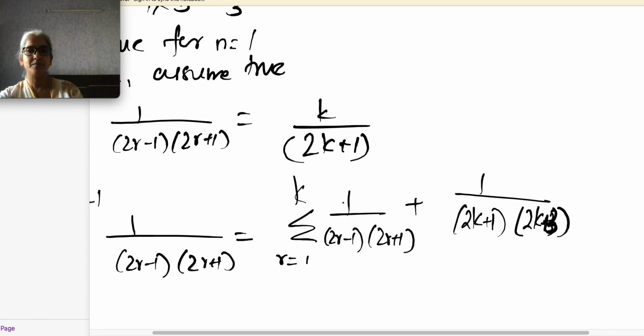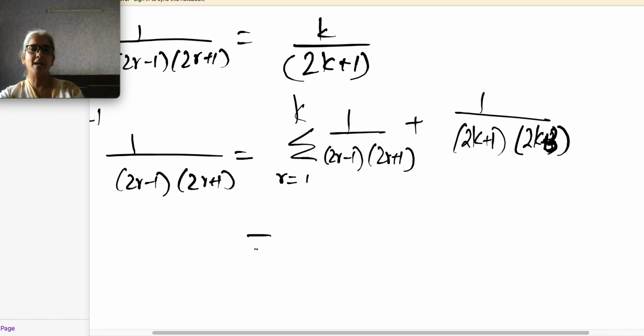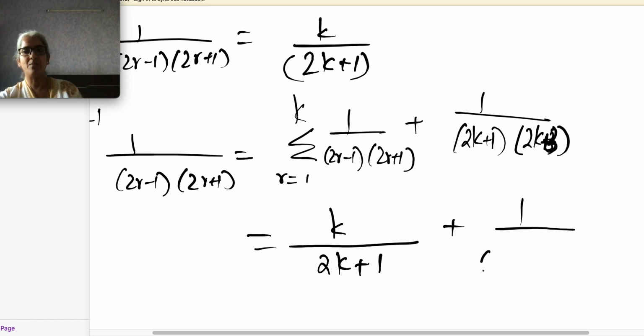And my assumption is that this is true till the first k terms, so I'm writing the result, and then plus 1 upon (2k plus 1) times (2k plus 3).